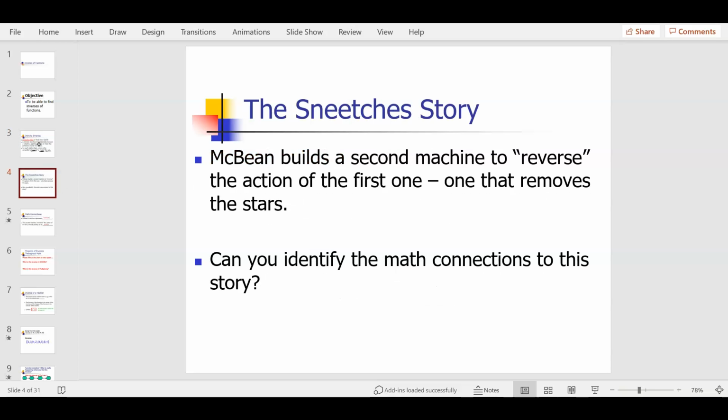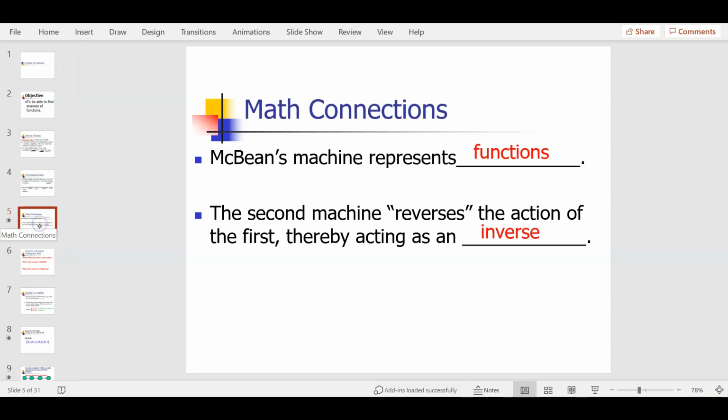Next slide here. McBean builds a second machine, that rhymes, to reverse the action of the first one that removes the star. Can you identify the math connection to this story? Reversing it, it's like an inverse machine. Fill in the first top right boxes.